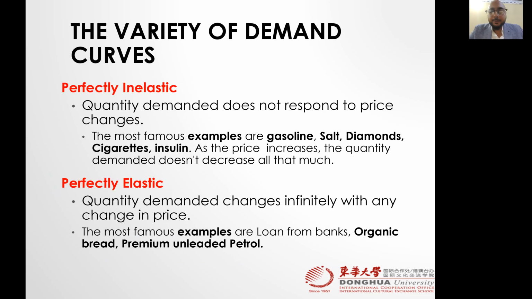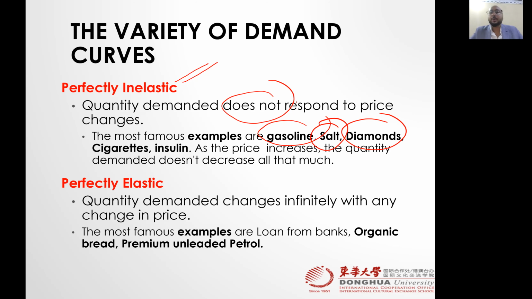Now there are two extreme cases of the demand curve. Number one is perfectly inelastic, which means quantity demanded does not respond to change in price. Whatever the price, people still want to buy it. Examples: salt, diamonds, short-run gasoline.